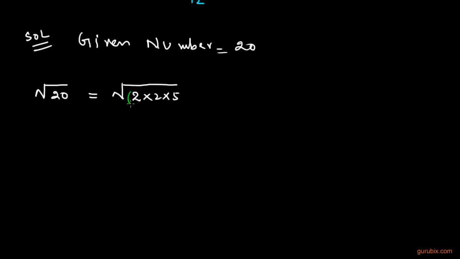Now we shall group these two factors and take one out of this radical, then it will be 2 root 5. By using the square root table we know that the value of root 5 is 2.236.